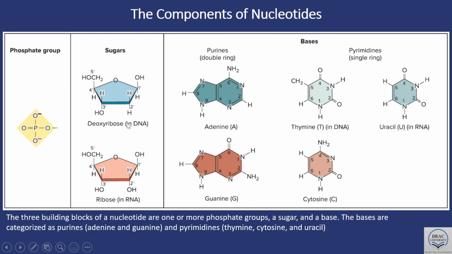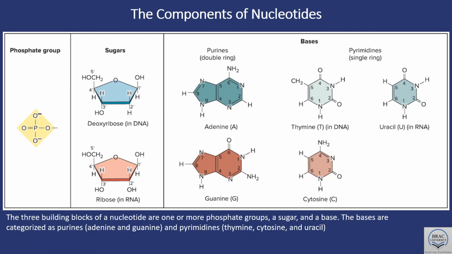The whole sugar has one less oxygen, and that less oxygen is in the 2' position. So that's the difference of ribose and deoxyribose.